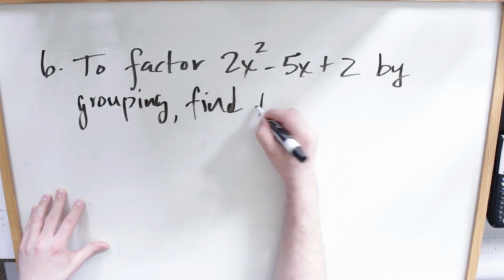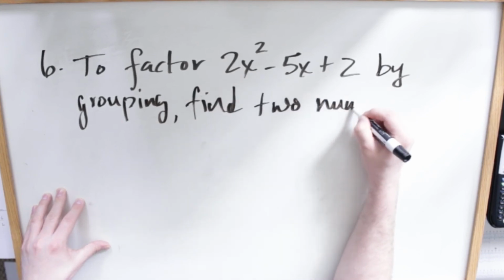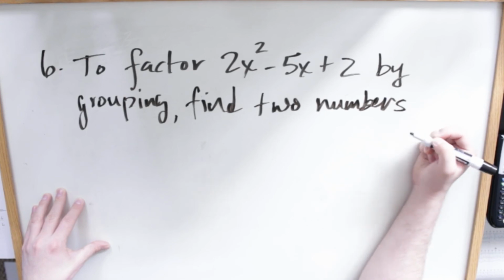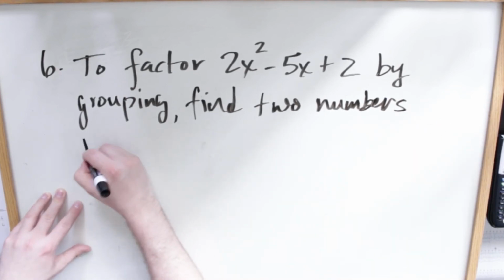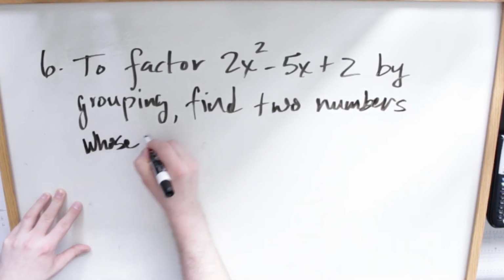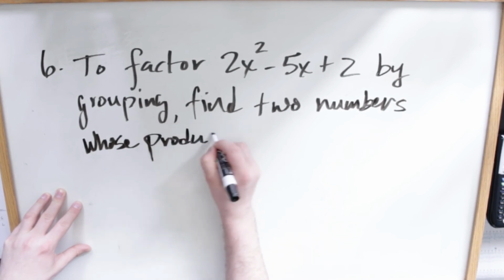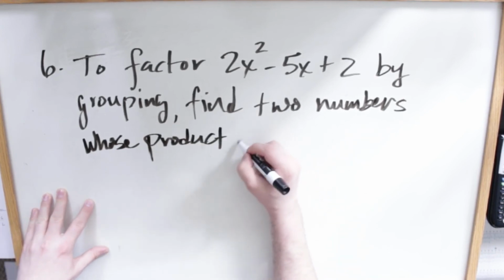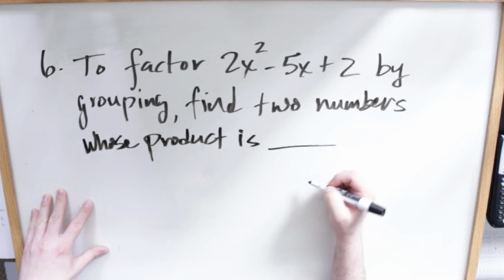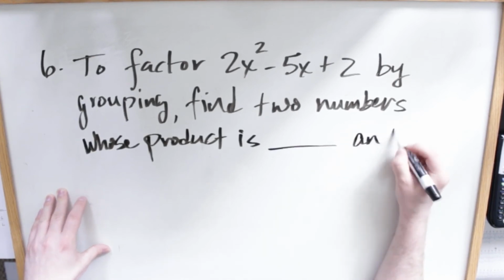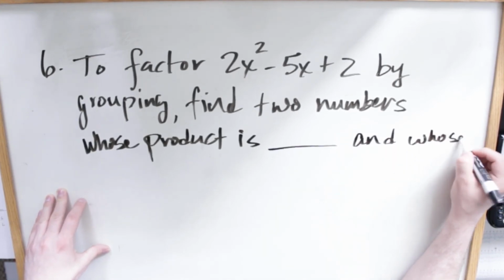Find 2 numbers whose product is blank and whose sum is blank.